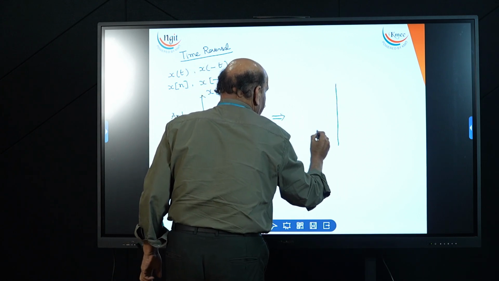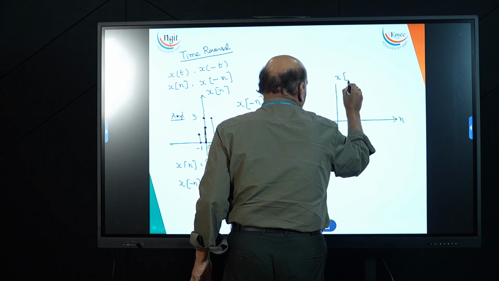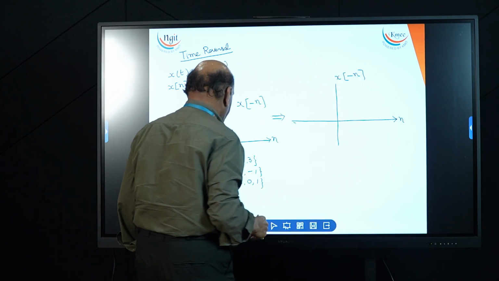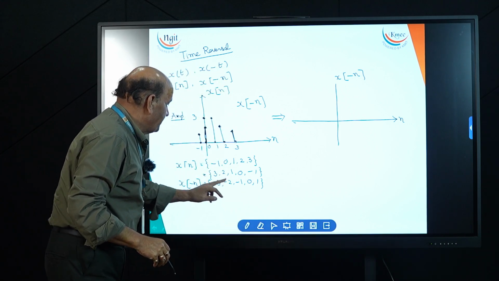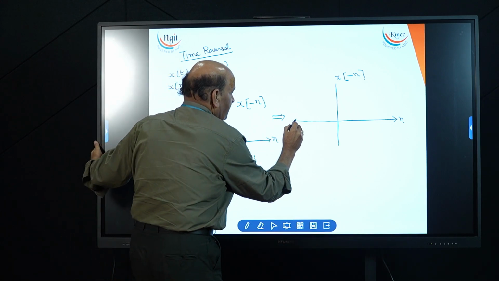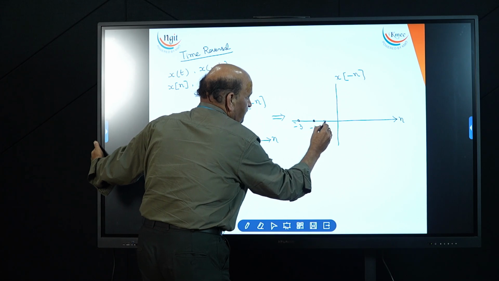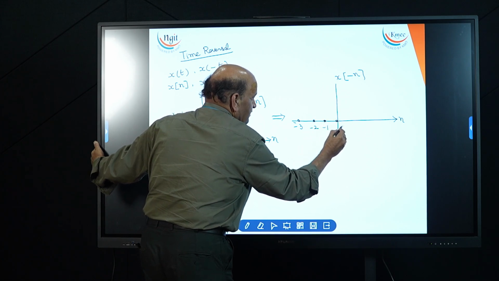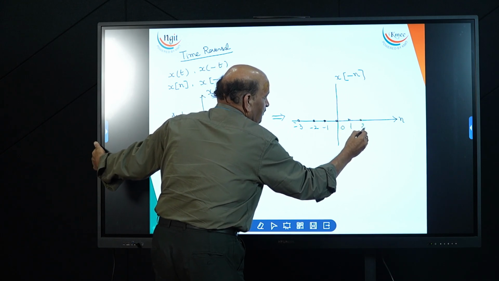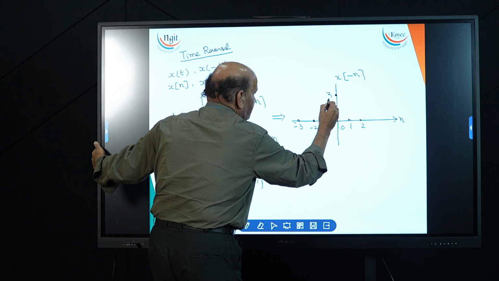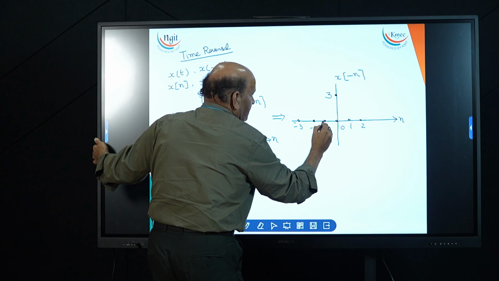Now just look at, this is n, this is x of minus n, the graph we are making. Here the points you have to mark are minus 3, minus 2, minus 1, 0, 1, 2, like this. Amplitude is 3, same. Amplitude never changes. Among these, take the mid one.